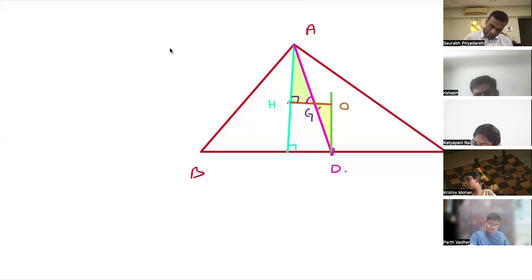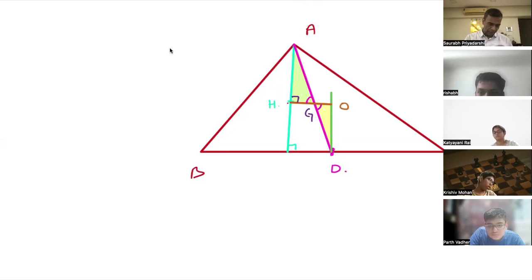This angle is opposite to this one, right? And this is 90 degrees. This is again 90 degrees. So these two angles are the same, right?